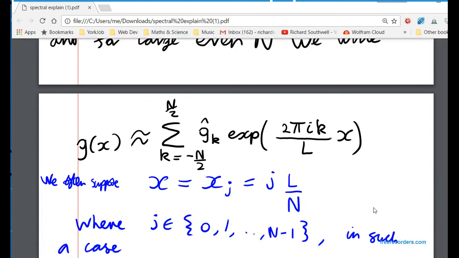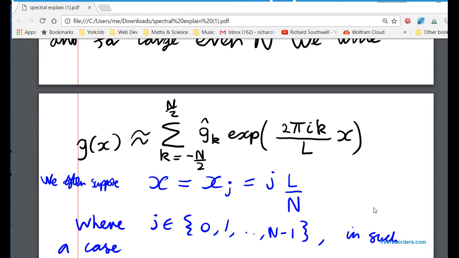Whenever we're doing numerical methods, we shall be thinking of x as being sampled from n points, and those points are going to take the form x subscript j, shorthand to denote the point j times L divided by n. So we want to have n points, capital N points, uniformly spaced in this interval from 0 to L. We want it so that our initial point is 0.